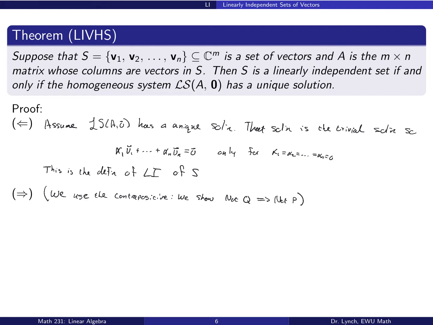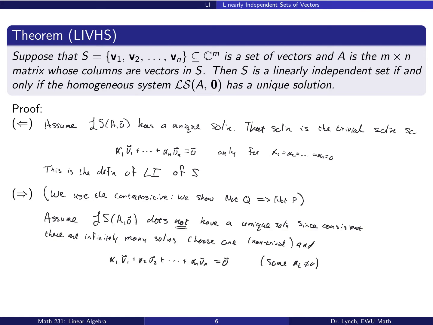Okay, so to prove the other direction of this if and only if proof, we're going to use the contrapositive. So instead of proving the statement P implies Q, we'll instead prove that the statement not Q implies the statement not P. In this case, the statement not Q that we'll assume is that the linear system with coefficient matrix A and right-hand side 0 has a non-unique solution.